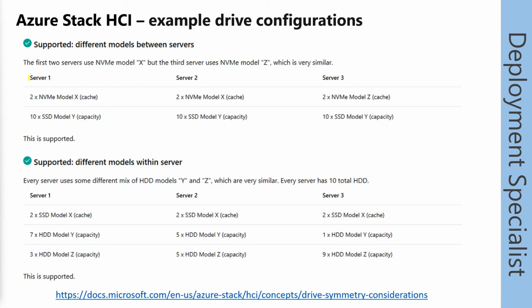Let's imagine we have 3 servers, and server 1 has 2 NVMEs. Then it's clear each server needs 2 NVMEs. But what we can see here, the NVMEs are different. Server 1 and 2 have model X, and server 3 has model Z. Each server also has 10 SSDs, and the SSDs are identical.